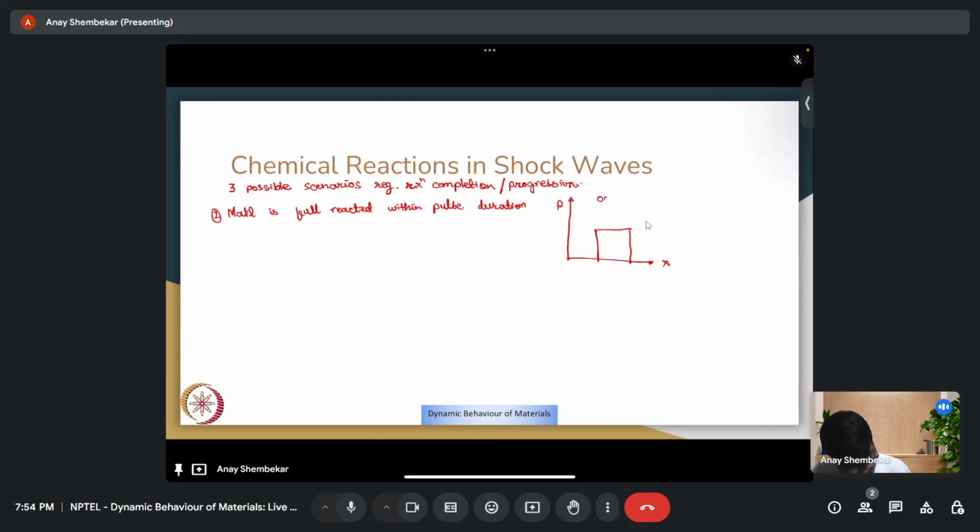So if I look at material, ahead of the pulse, material is unreacted. Behind the pulse, some part of the material is partially reacted, other part of the material is totally reacted. You have scenario, the dark part is totally reacted, whereas closer to the shock front, you have material which is still reacting. Ahead of the shock front, material is completely unreacted.